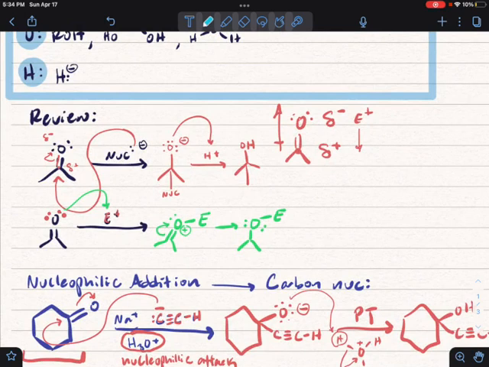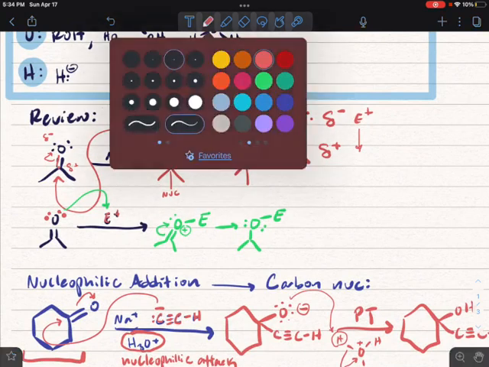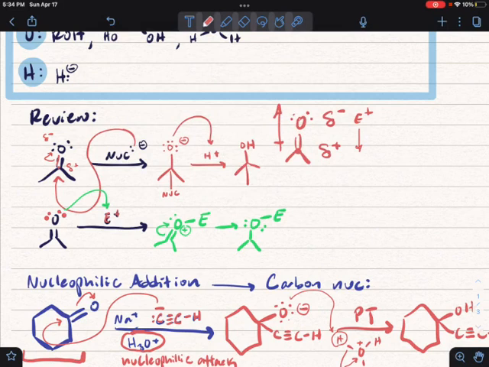Because carbonyl groups can undergo nucleophilic attacks, this happens because the carbonyl basically has an oxygen, and this oxygen is more electronegative than the carbon it's attached to, and this gives the molecule a dipole moment, meaning that the oxygen is more negative than the carbon.